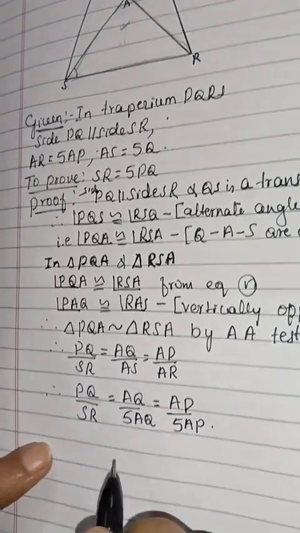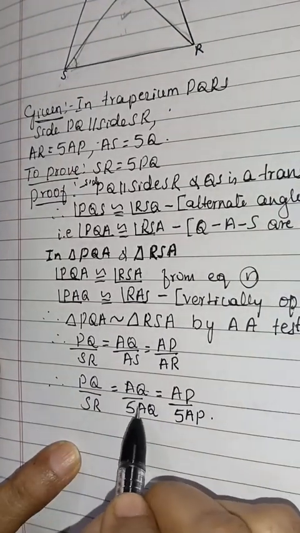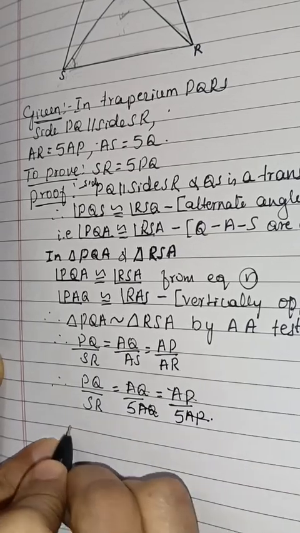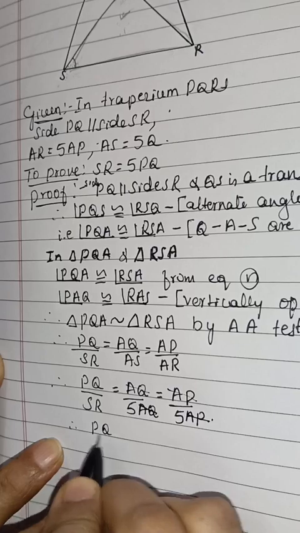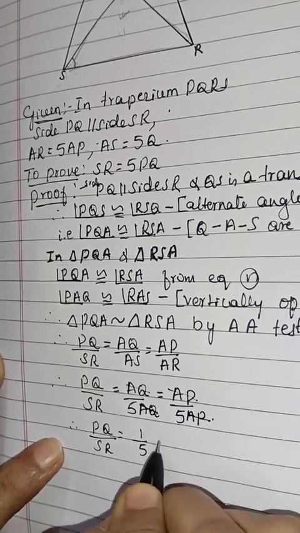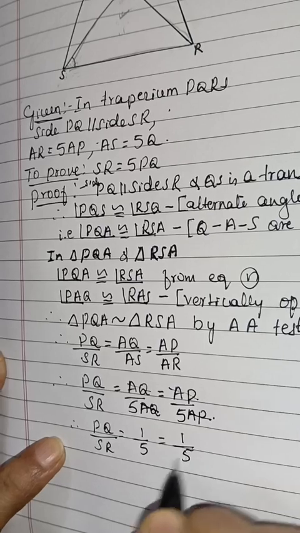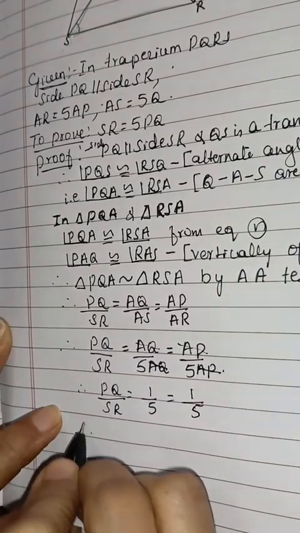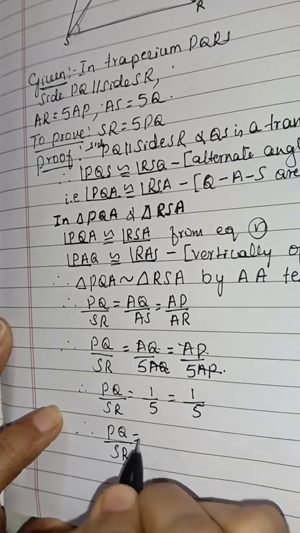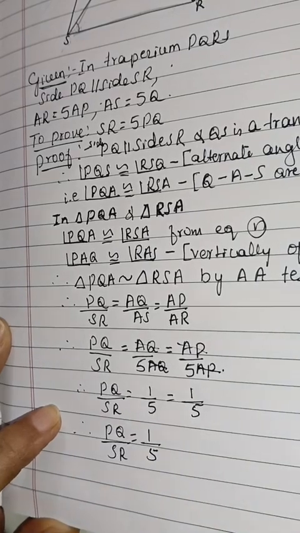Okay. Now this AQ got cancelled, this AP cancelled. Therefore PQ by SR is 1 by 5.